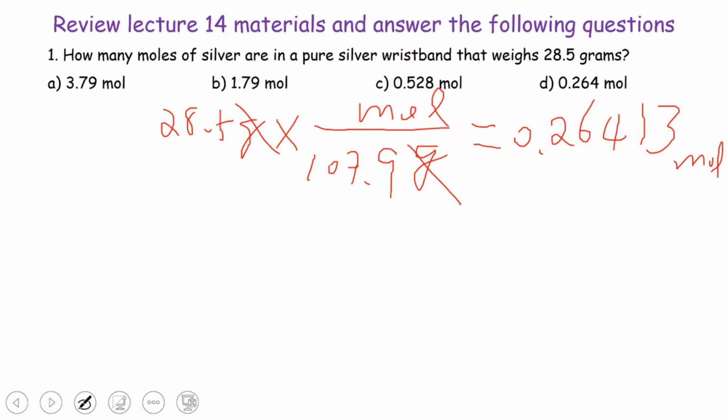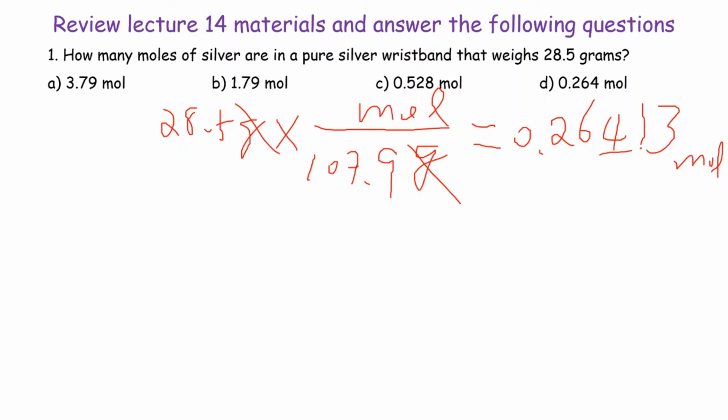Okay. However, let's take care of the sig fig. So the sig fig in the question right here, you see 28.5, that's 3. So therefore, let me underline the third one. And obviously, the one after the last digit in the sig fig is 1.